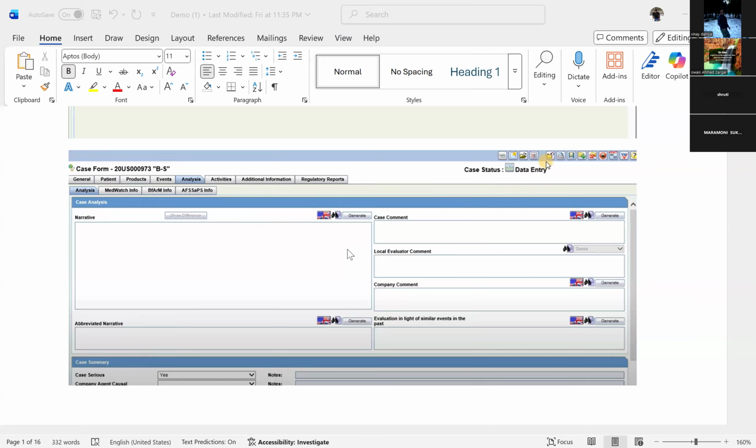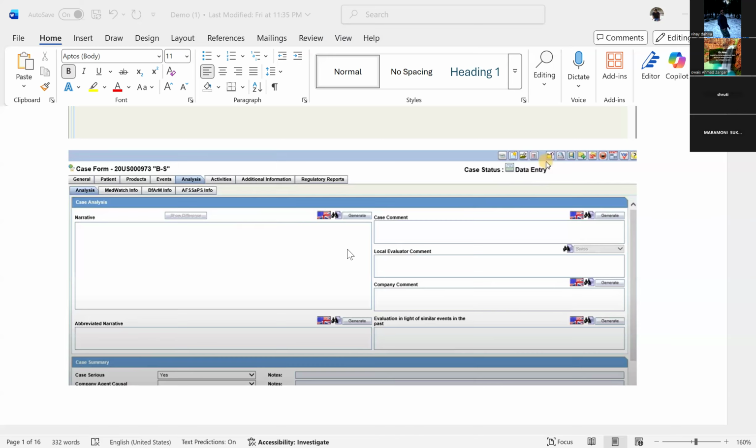So, what is the anatomy of a good narrative? The narrative includes various sections. That is basically introduction, which includes patient, indication, history information, event description, onset date of the event, seriousness and outcome, product details, dose information, start and stop date of the therapy, and the de-challenge and re-challenge information.